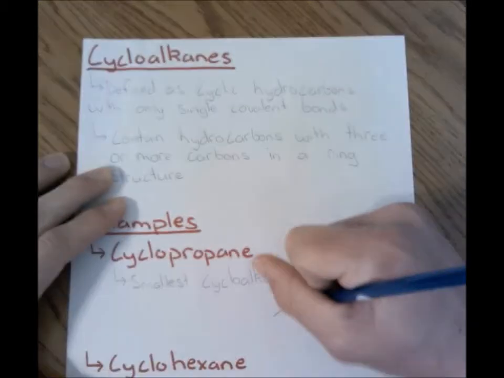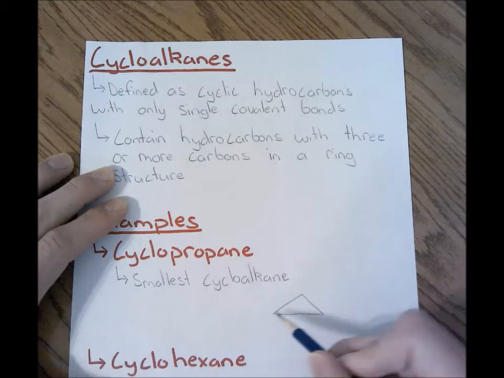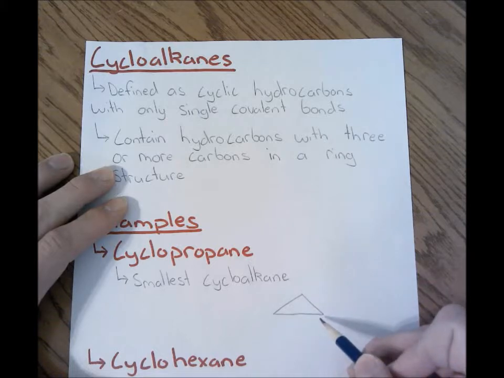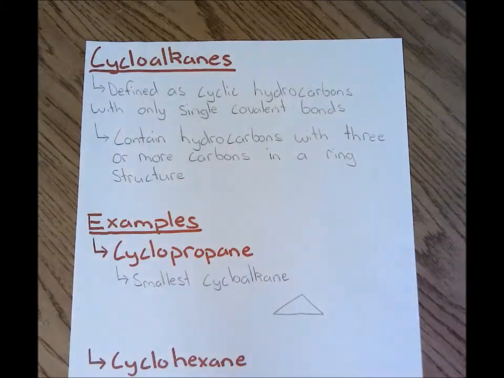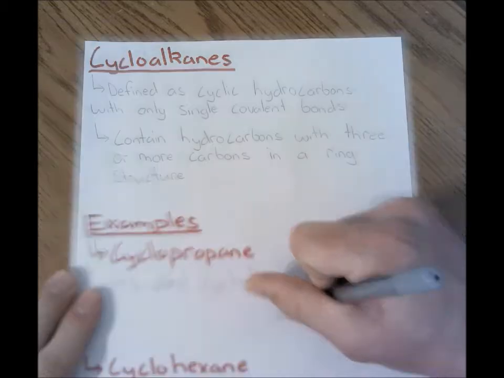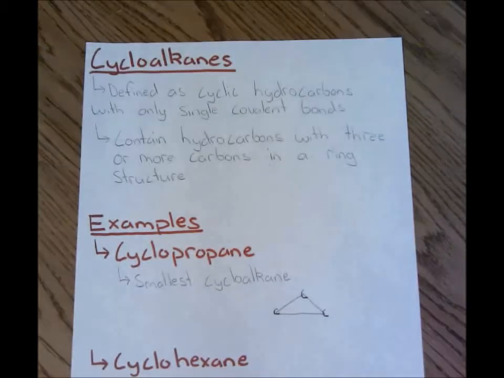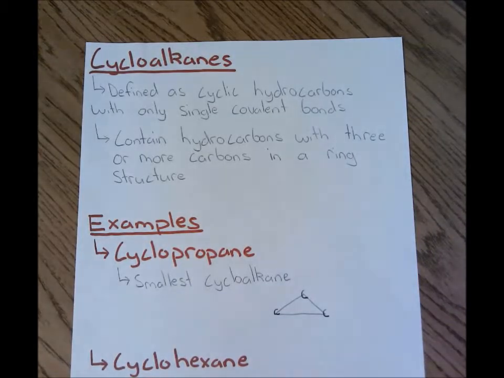And each vertex of the triangle, so points 1, 2, and 3, represents a carbon. So if you want to imagine this, and sometimes I go ahead and do this, at each vertex, so at each point in our cyclic structure, there is a carbon. Sometimes I just insert these carbons so I don't confuse myself about where those carbons are. And so that is how it looks. It forms these types of shapes when they form this cyclic hydrocarbon.